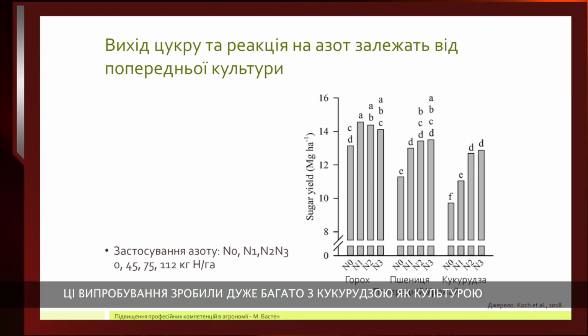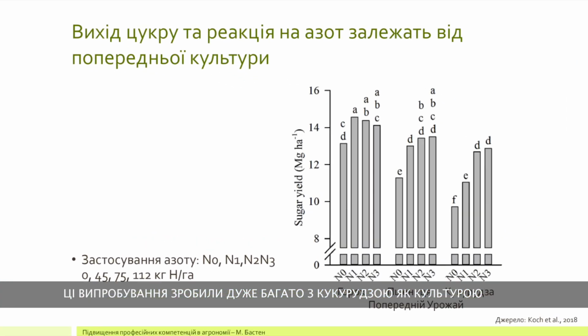These trials have been done very much with maize as a crop in rotation, because that's I think an easier crop to manage. But we have to bear in mind that it's not only maize, which is a host plant, it's also soybean. And I think in Astarta and also in other companies in Ukraine, you have also soybean in a rotation.